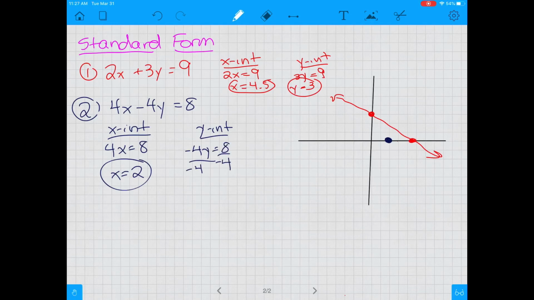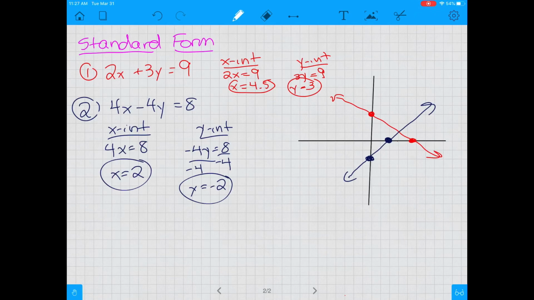Divide by negative 4. I should get y equals negative 2. And I'm going to draw that line. Well, I didn't do that great, but I try to do my best here.